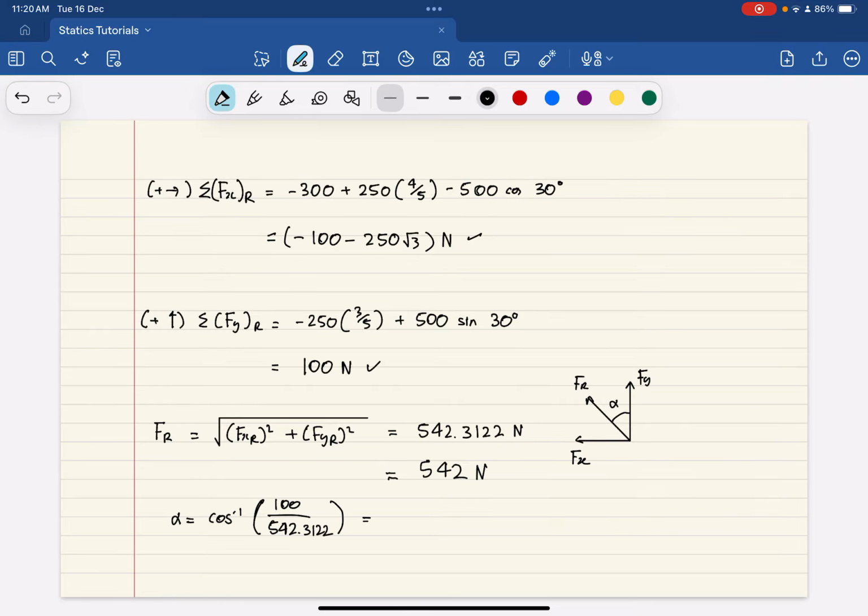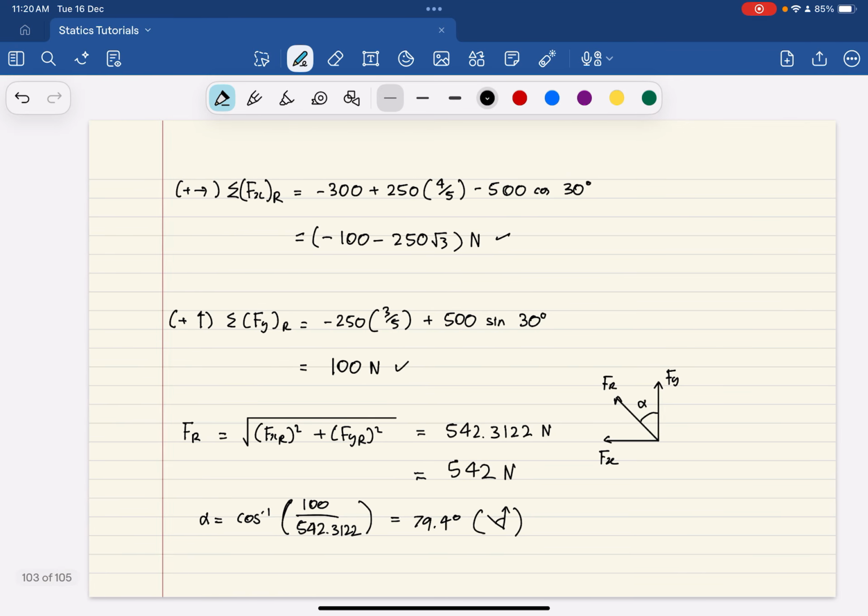As you find the angle for it, it's just 100 over 542.3122. It would be 79.4 degrees upwards. So it would be kind of like this, like we found the angle for alpha, right? So alpha is 79.4 degrees. Okay, so that's the resultant force already.